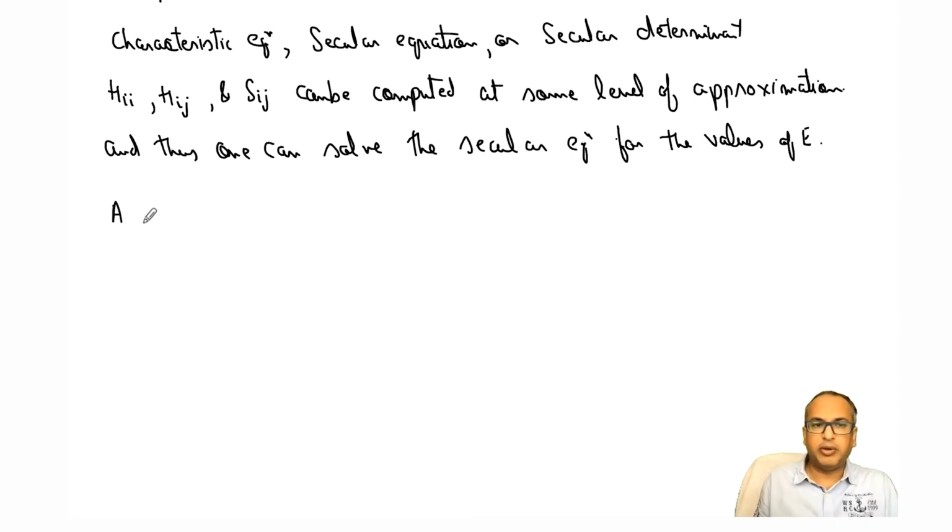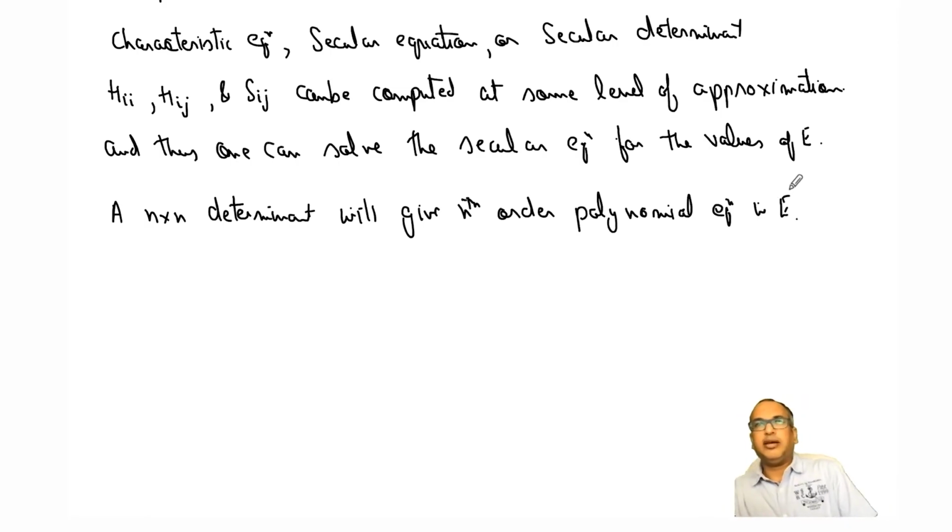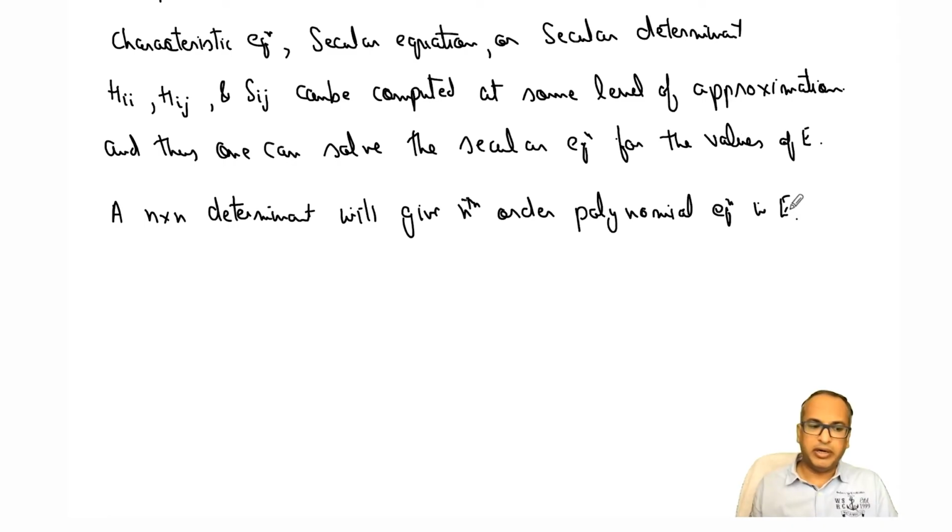If you have n atomic orbitals, we will get an n cross n determinant, which will give an nth order polynomial equation in E. So you will get n values of E. That means you will get n different molecular orbitals when you combine n atomic orbitals, because you will have n different energies. Some of them can be accidentally degenerate, or degenerate because of symmetry, but you will get n different energies.